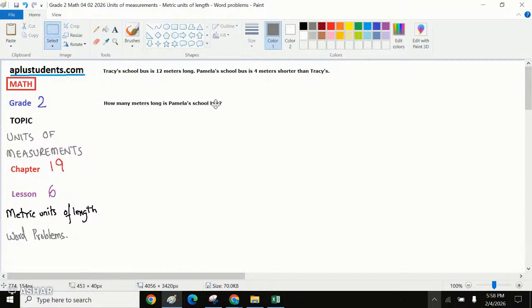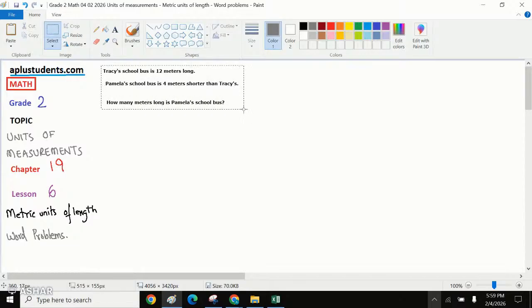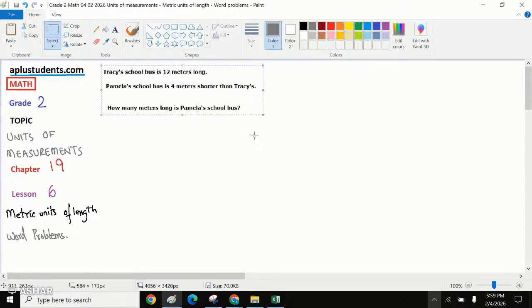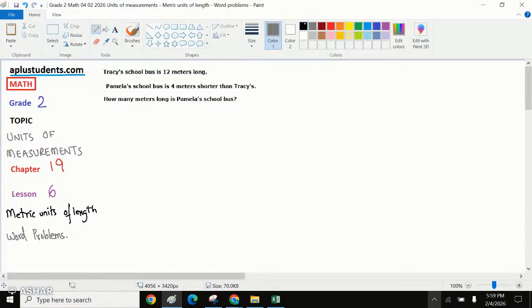Okay, this is the statement that's given to us. Tracy's school bus length is given to us, whereas Pamela's, they're saying, is 4 meters shorter than Tracy's.